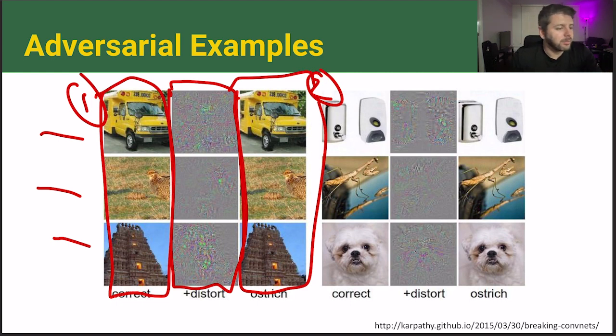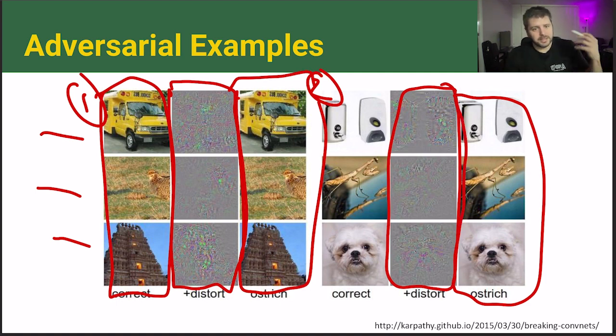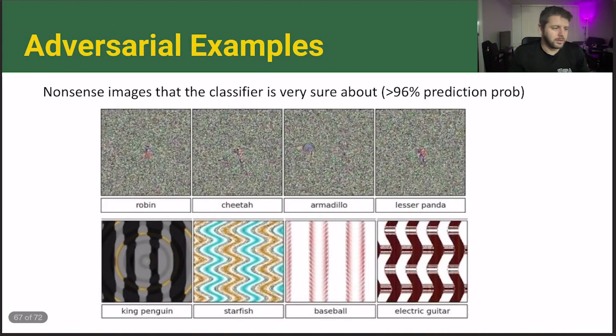And in the second example, we have these speakers, is it? And then a stick insect, and then a dog. We add these distortion effects, and again, this is how we make the model always predict ostrich, because it's sensitive to this imperceptible, very, very small difference that has been added onto the original image, specifically designed in order to make the model misclassify the inputs as ostriches.